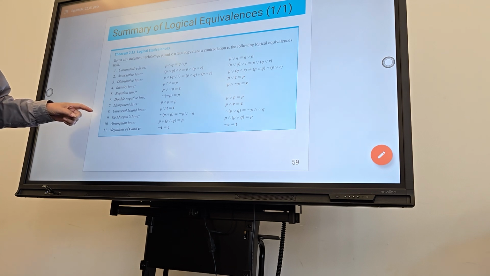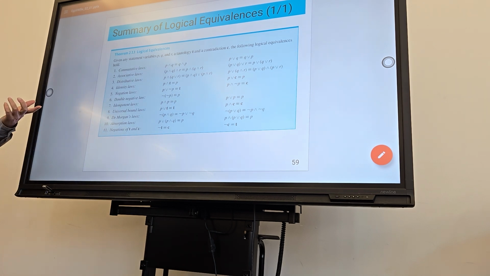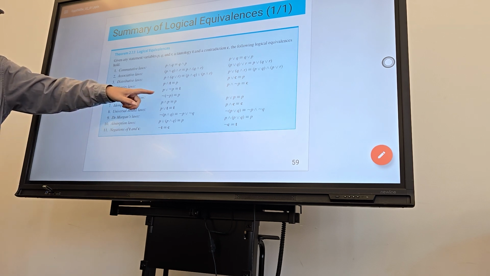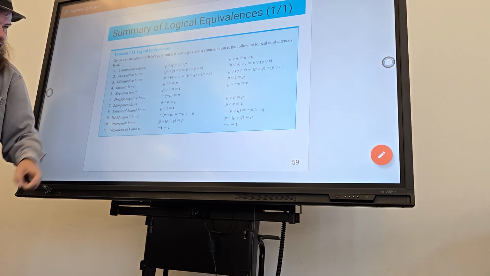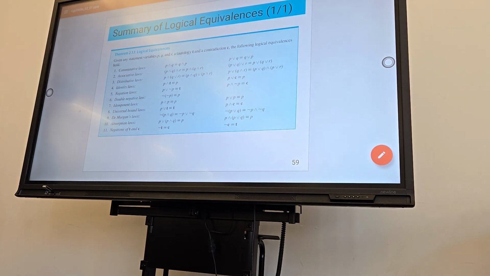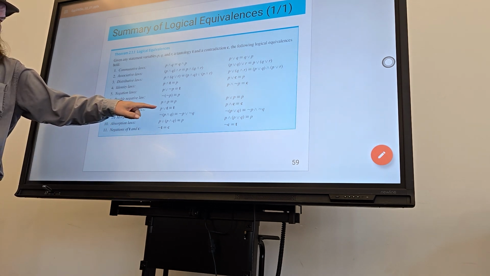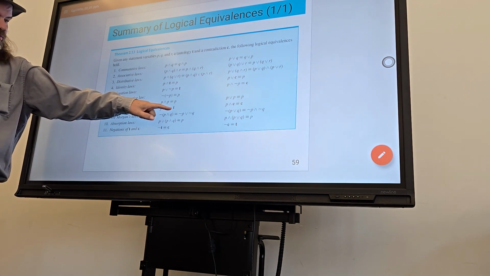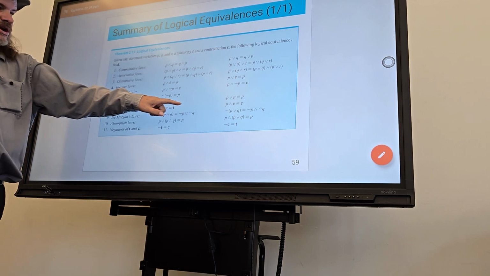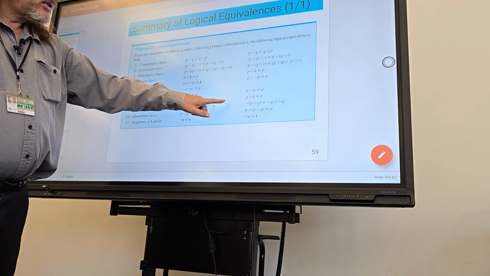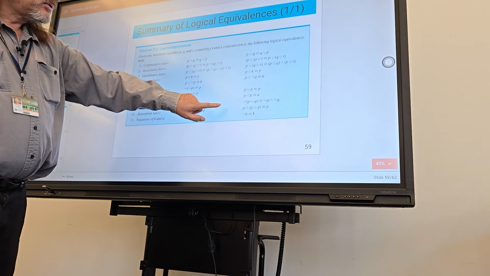All right. Double negative law, we went over last time: not not P is equivalent to P. Universal bound laws: P or T is a tautology. P and C is a contradiction.